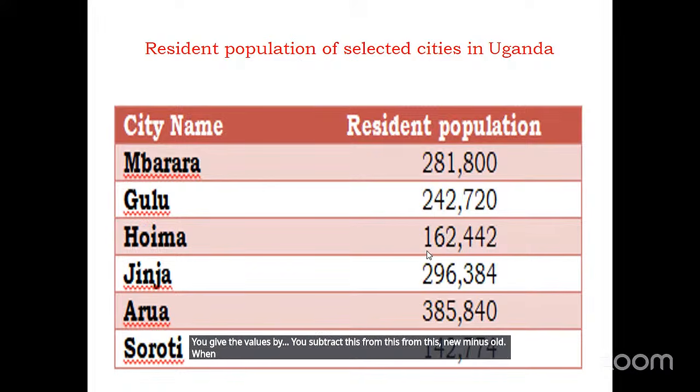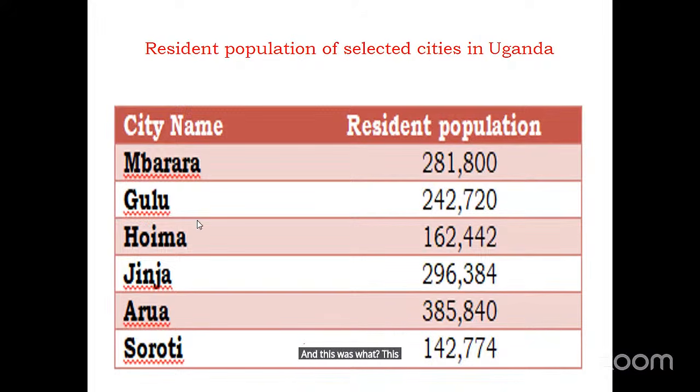When you look at 2.4 and 1.6, meaning that if this was 2020 and this was 2015, then it means this population has declined, and therefore there was a decrease from 242,720 to 162,442 people. There was a decrease.